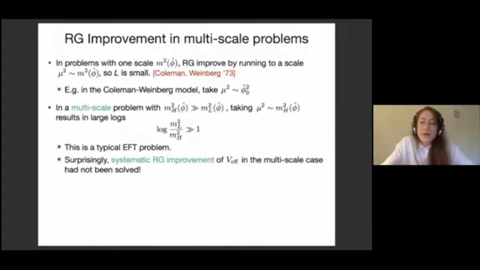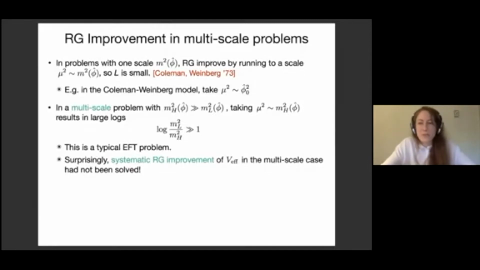So in problems where I just have one mass scale in the problem, this RG improvement procedure was spelled out back in the original work by Coleman and Weinberg. And in such cases, I can RG improve basically by running to a scale of order the mass in the problem. And so if I just have one mass scale, then by doing this, the log is small, and we're done.